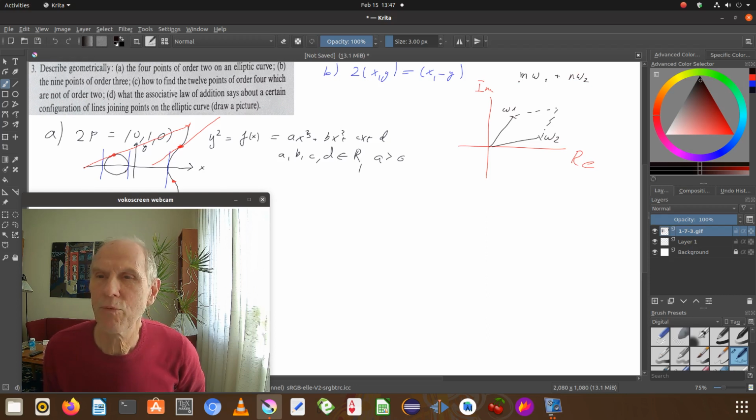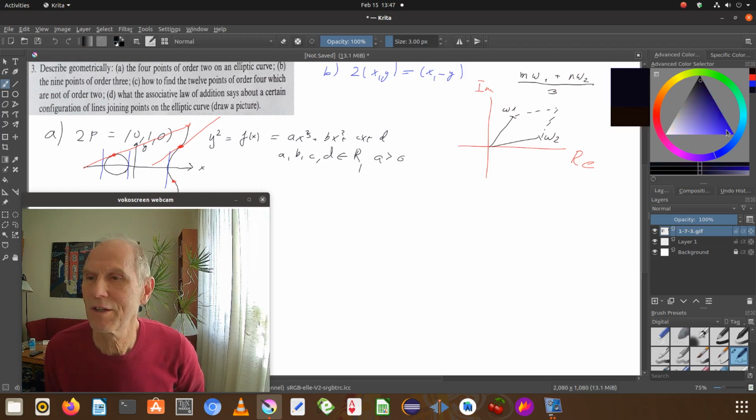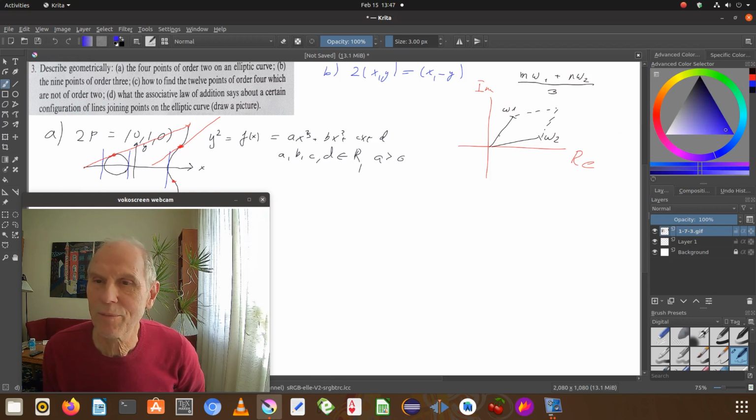And if we divide that by 3, then we get the points here. So that when we add them 3 times, we get a lattice point. So we just have to map them back to the elliptic curve.